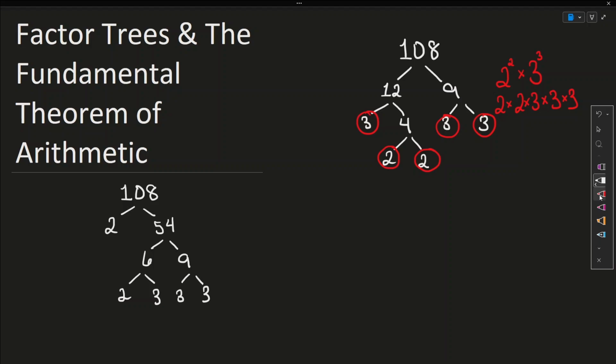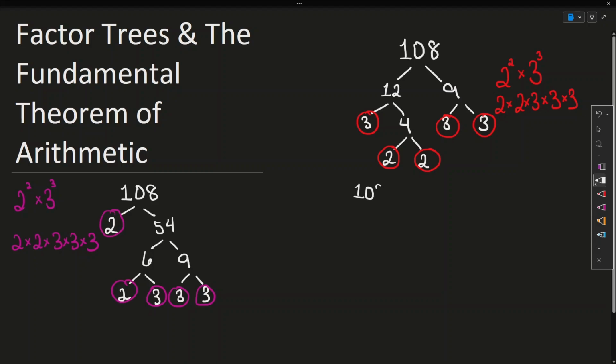So once again, I have my prime factors: 2, 2, 3, 3, 3. So this one is 2 squared times 3 cubed, or 2 times 2 times 3 times 3 times 3.